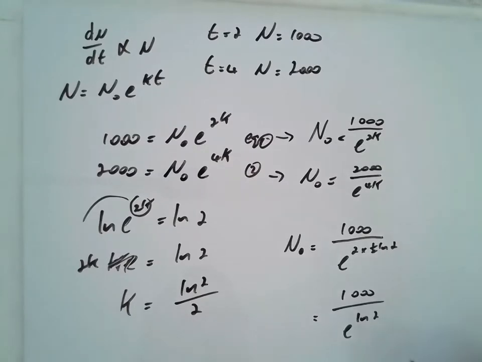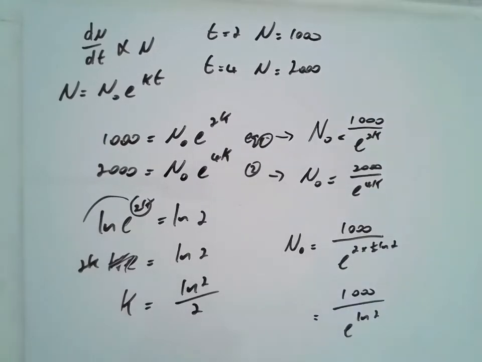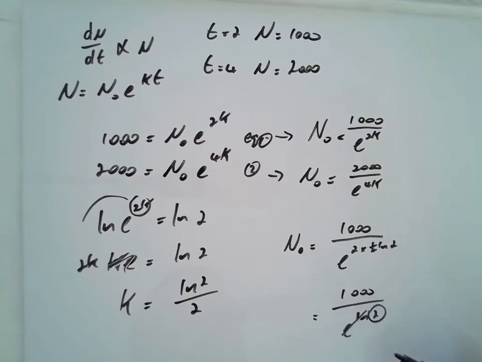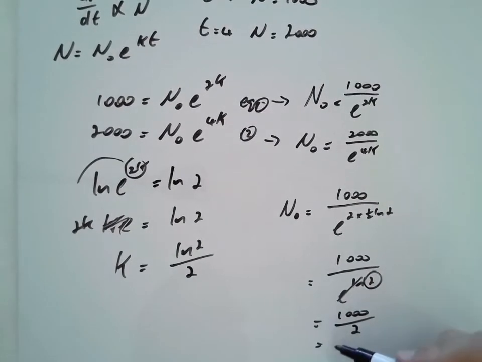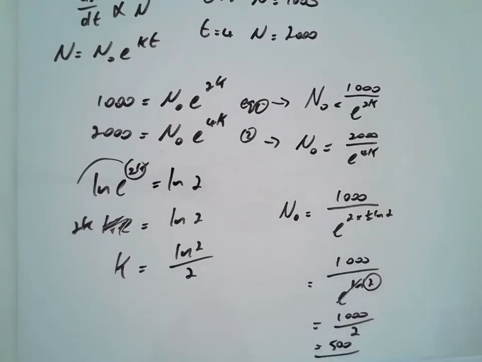Now, this is hard to explain, but just as when you square a square root, it undoes each other, the e and the logarithm actually undo each other. So that e and the log cancel out, and all we're left with is the 2. 1000 on 2 is just 500.